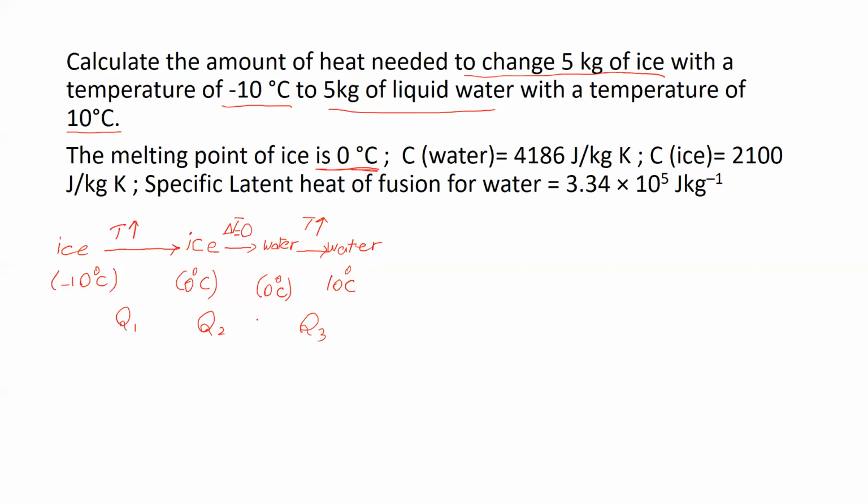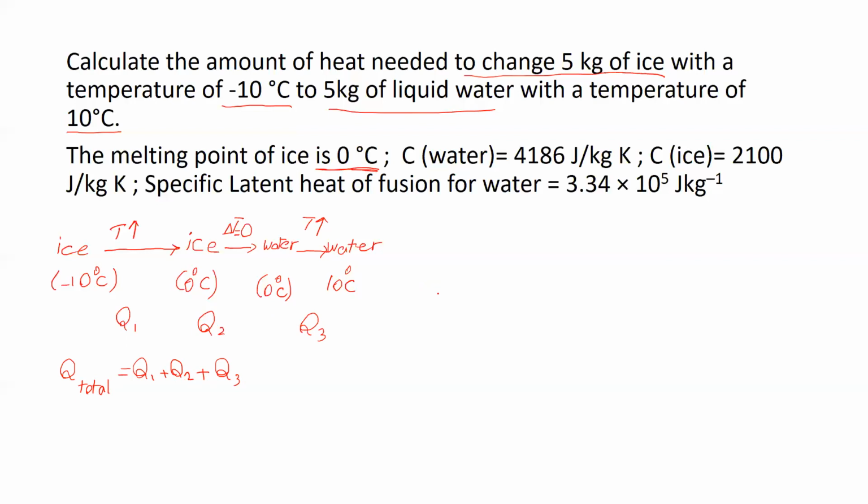So altogether, the total amount of heat that we need to give is Q1 plus Q2 plus Q3. So I write Q total equals Q1 plus Q2 plus Q3. But let's see what Q1, Q2, and Q3 are equal to.